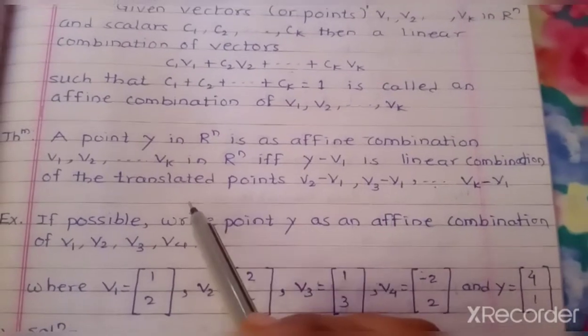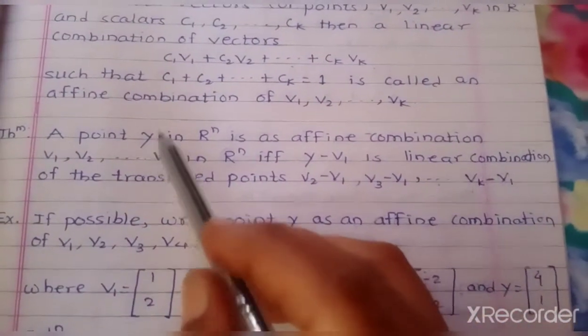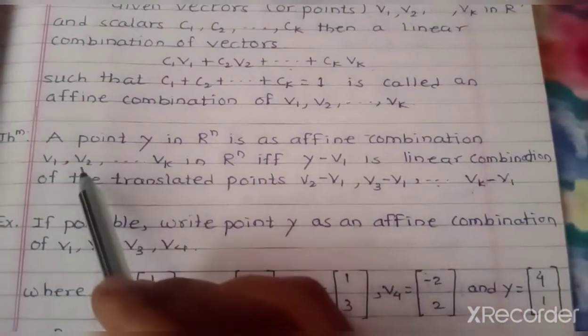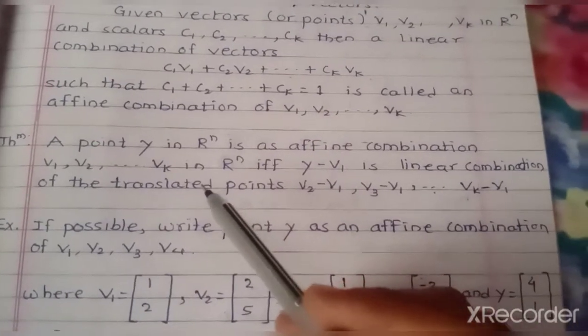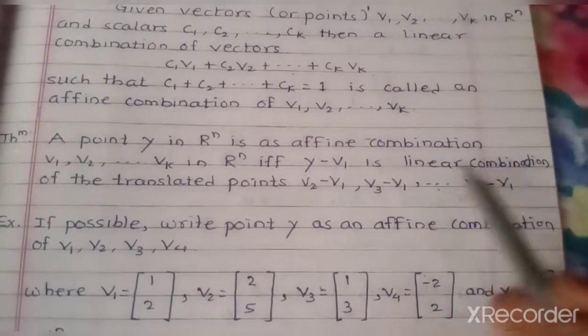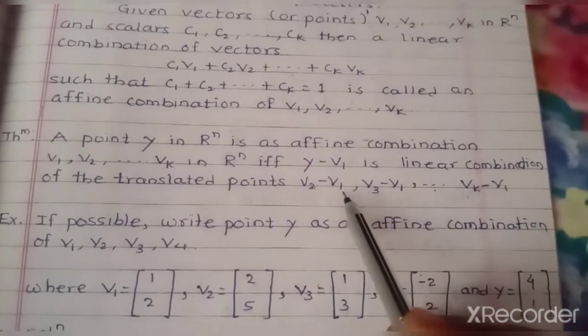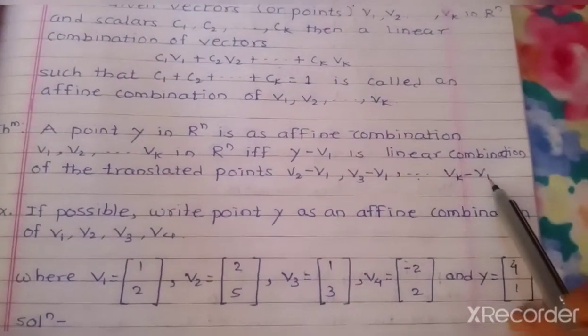The purpose of this theorem is, when we have to check whether y is an affine combination of v1, v2, ..., vk, it is sufficient to check whether y minus v1 is a linear combination of the translated points v2 minus v1, v3 minus v1, ..., vk minus v1.